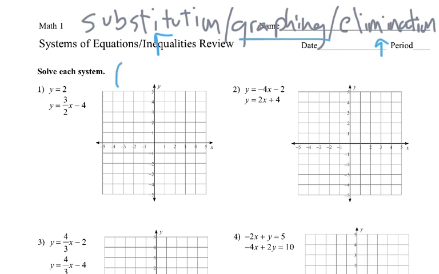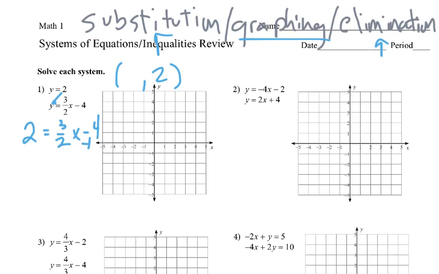So number 1, we're looking to see, is there one solution? And if there is, what is it? So we know y value already is 2. So I can take that and plug that 2 in for my y value, and then I can solve for x. This is using substitution.